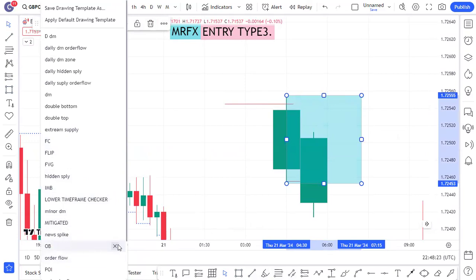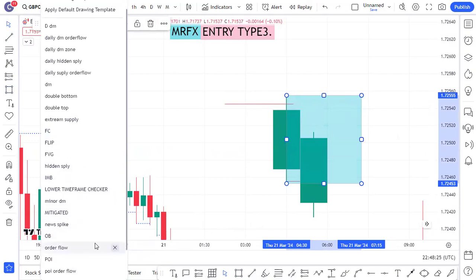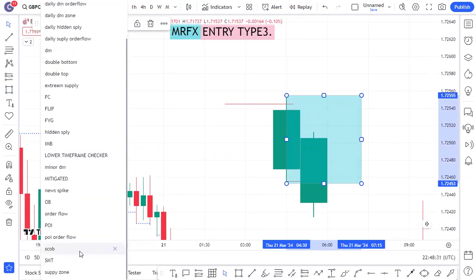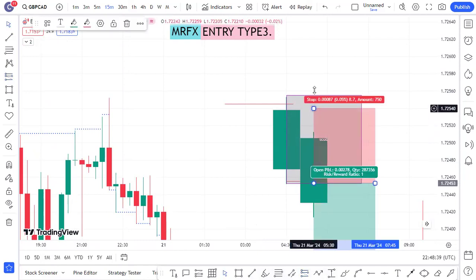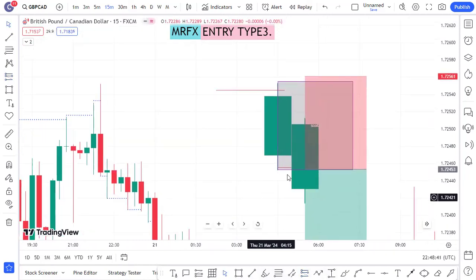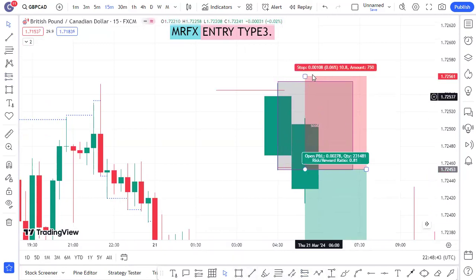A single candle. Yeah, single candle order block. So does it mean we just place our sell limit here and stop loss above it.